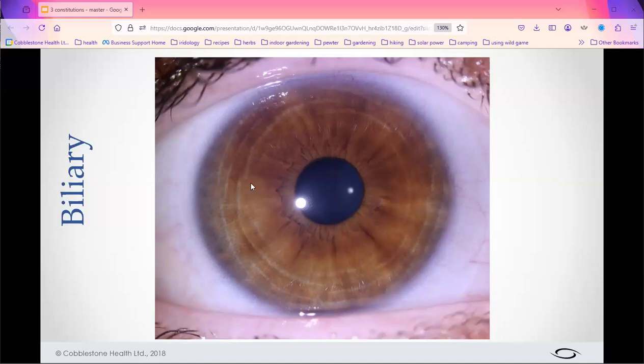You'll remember hematogenic had no blue, but we also could not see fibers. Well, in this eye, we have no blue, but we do see fibers. So when we've got no blue and yes, fibers, that is our biliary iris. There might be golden highlights in here. So do you know someone that you think has biliary eyes?